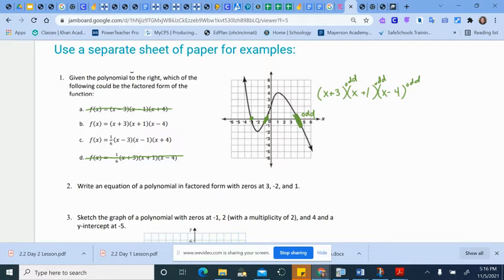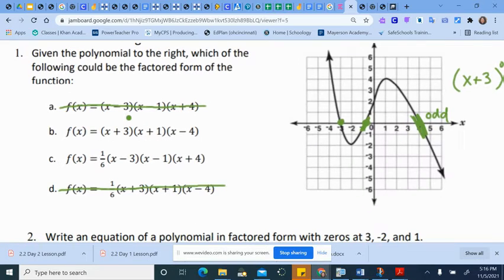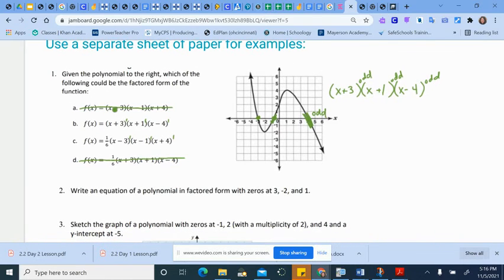And then the other thing we'll need to look at: the exponents on all these are odd. Those are all just ones, all odd. That works. But, oh wait, no. One of those is wrong.